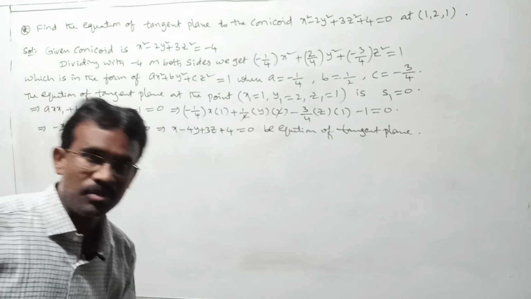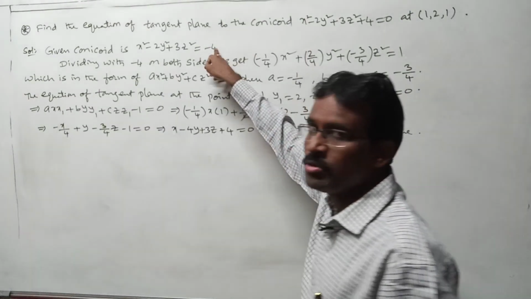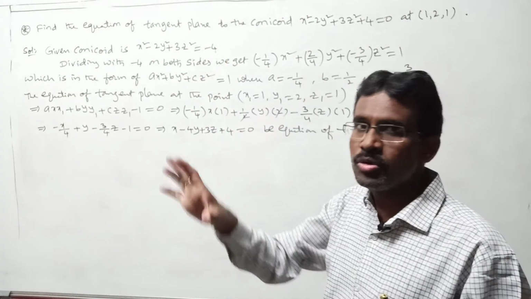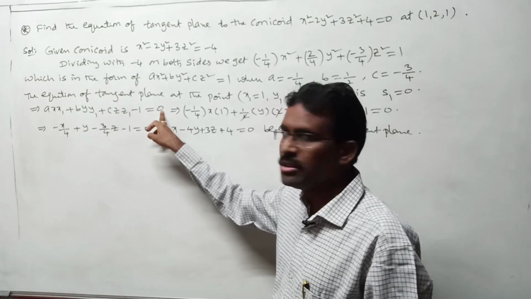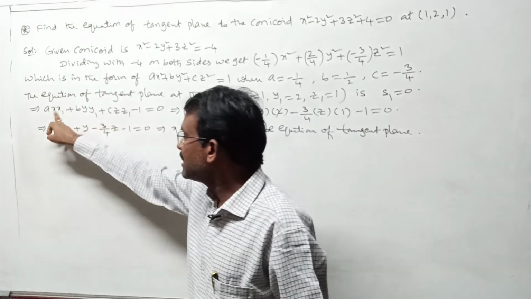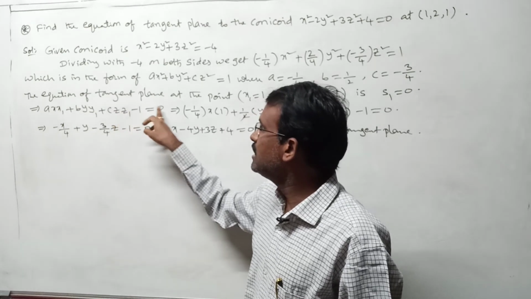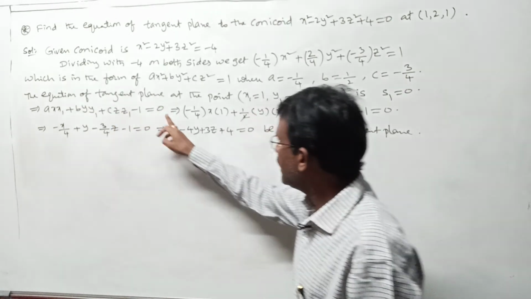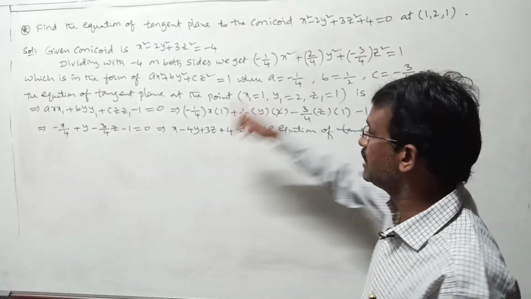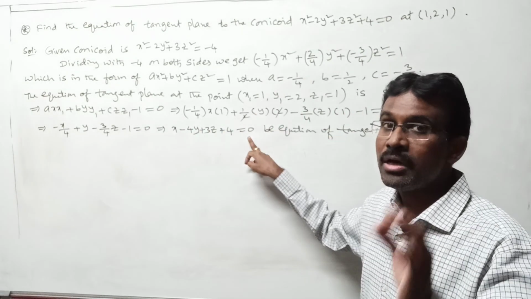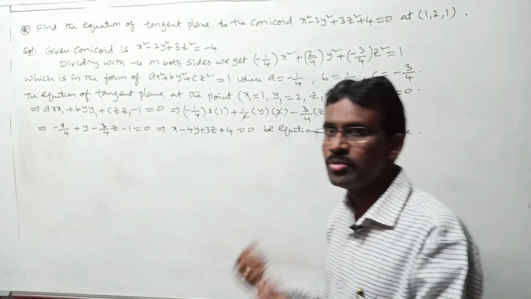If anywhere they want the equation of tangent plane to the given conicoid, you must go directly with S1 equal to 0. And already I told you, after getting the result you can verify the answer. Substitute your point of contact here. That equation should 100% satisfy, then only your answer is correct, otherwise it should be wrong.